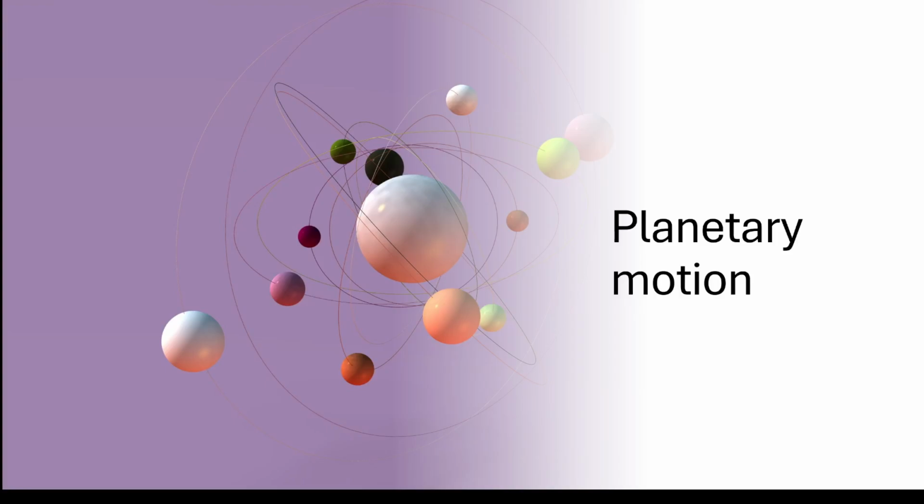Now, planetary motion is obviously caused by the gravitational force between the sun and its planets. So this gravitational force is the force that provides the centripetal force for the journey in the circular path to the planet. Okay, so if this is the sun and you have a planet here, okay, it's big.